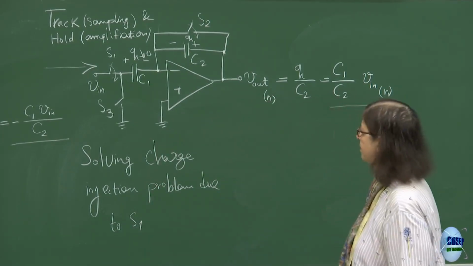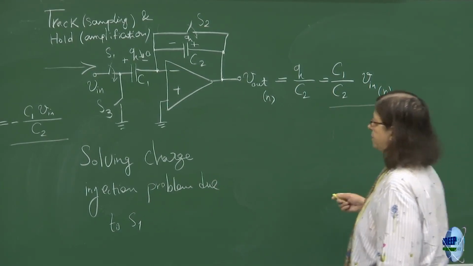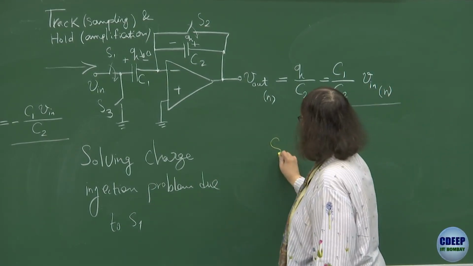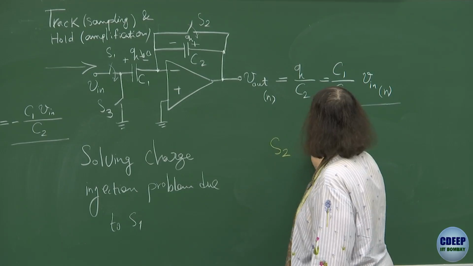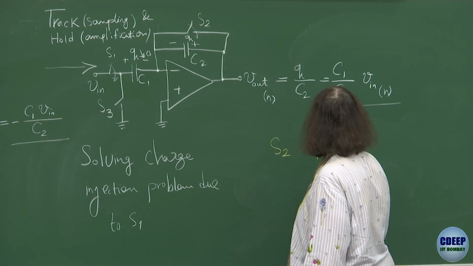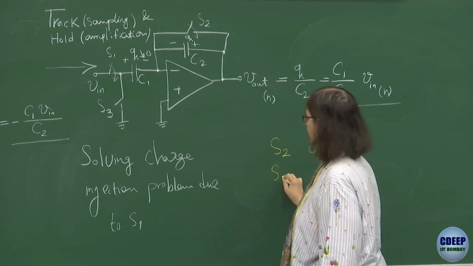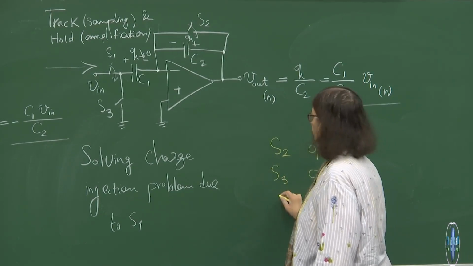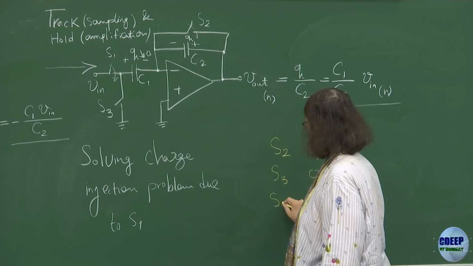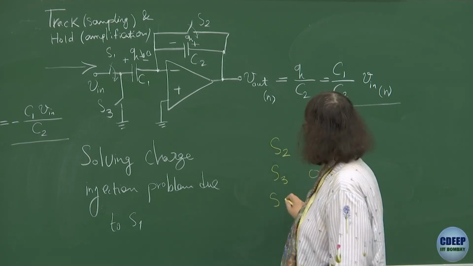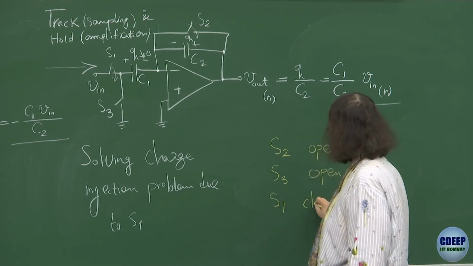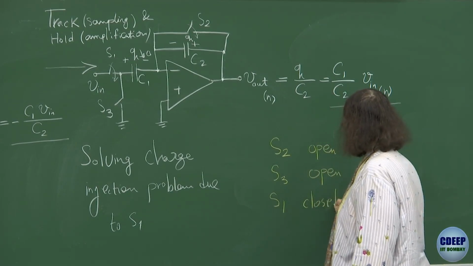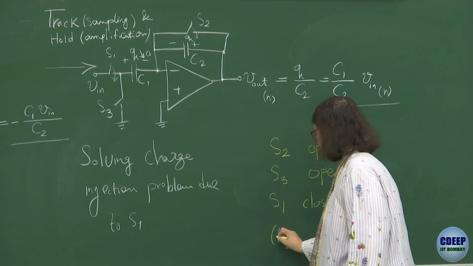Let's say, for example, S2 is open, S3 open. We are talking about this state. And S1 closed. This is the tracking phase.